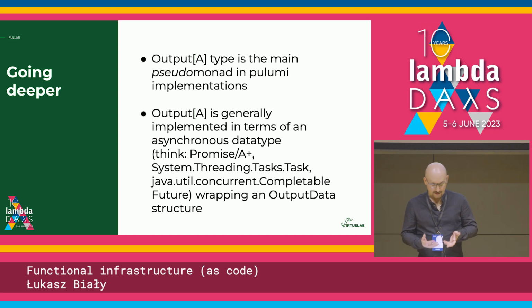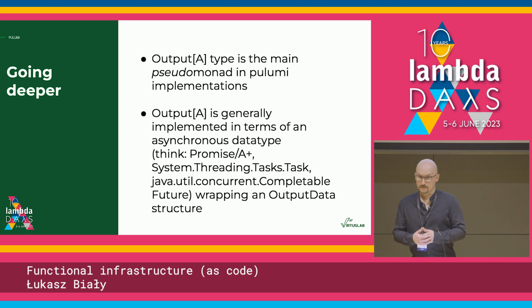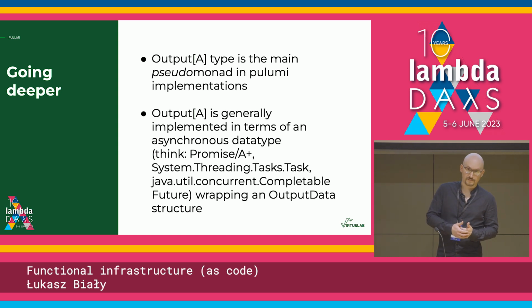And why is that? It's caused by the fact that outputs are generally implemented in all the SDKs in terms of things like promises. So we have promises in JS, we have tasks in the C# implementation, we have CompletableFuture in the Java implementation. We even have our own implementation of something similar to a promise in Go on top of coroutines.